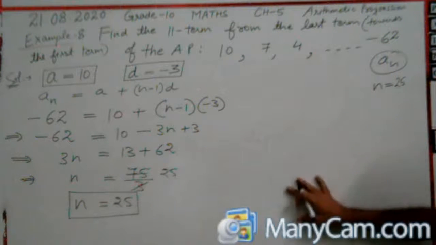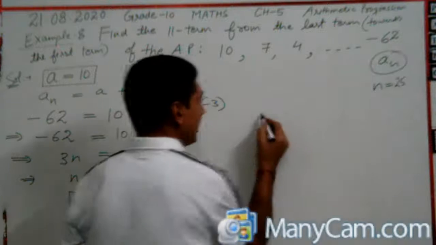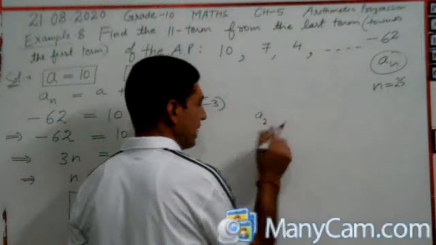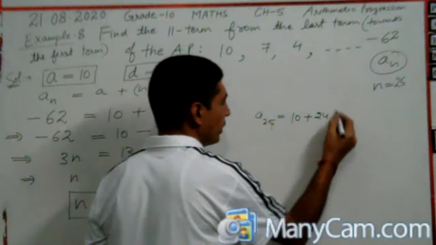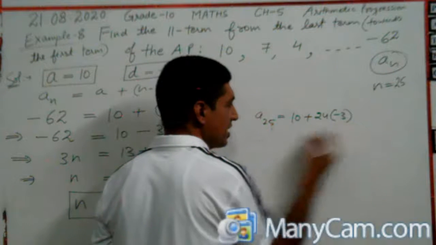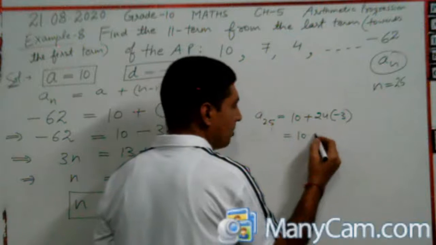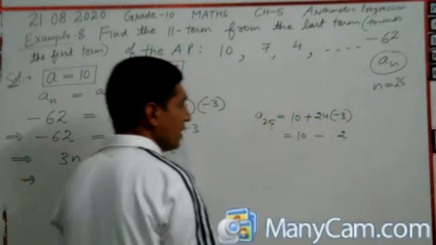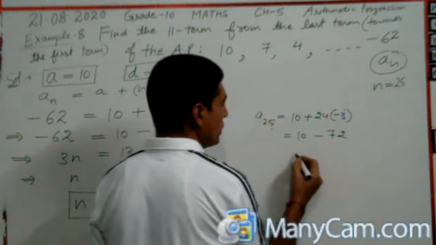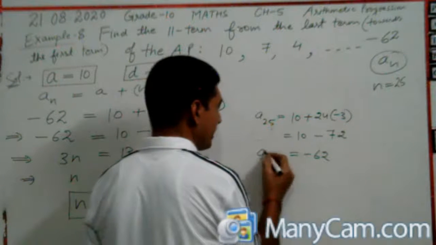No need to write this, but to check, a25 can be written as a + 24d. d is minus 3 here, so 10 plus 24 times minus 3, that is minus 72, gives minus 62. What is a25?